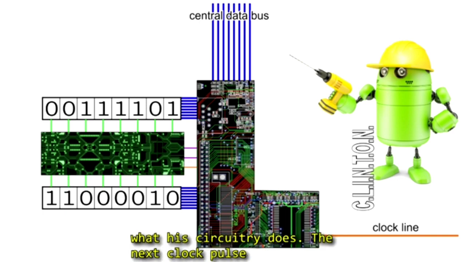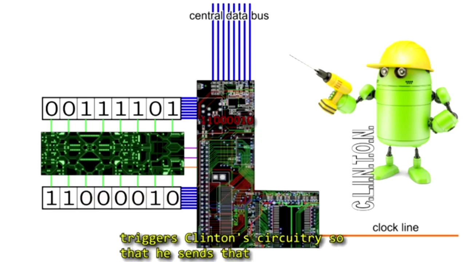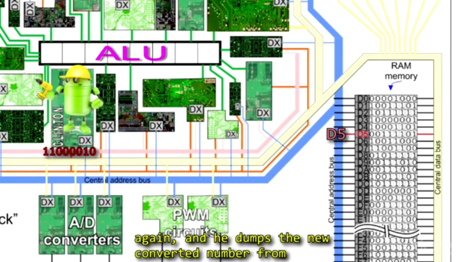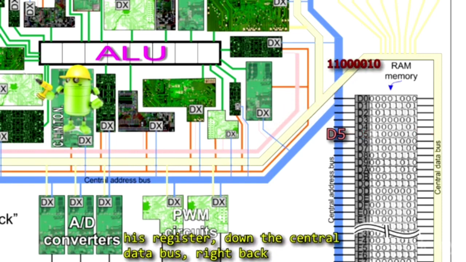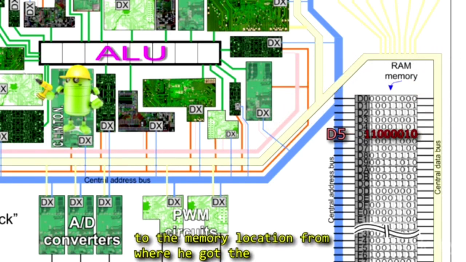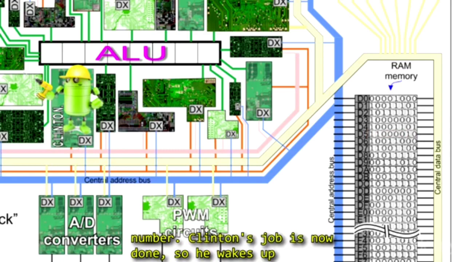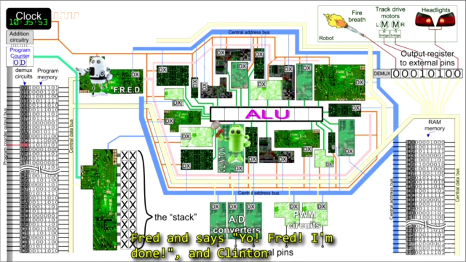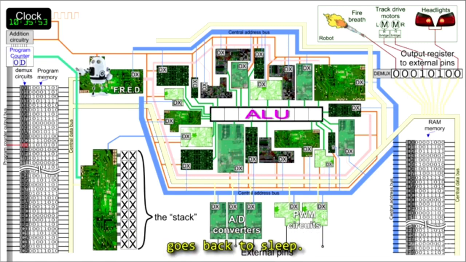That's what his circuitry does. The next clock pulse triggers Clinton's circuitry so that he sends that address he had before down the central address bus again, and he dumps the new converted number from his register down the central data bus right back to the memory location where he got the number. Clinton's job is now done. And so he wakes up Fred and says, yo, Fred, I'm done. And Clinton goes back to sleep.